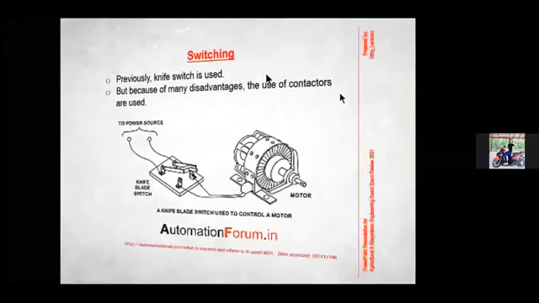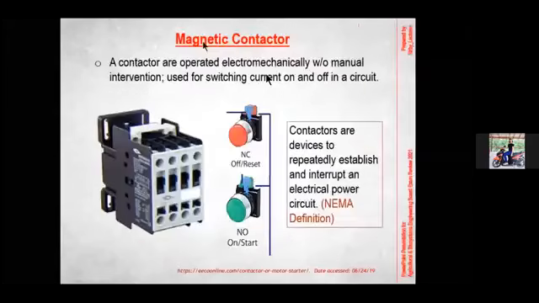So because of those disadvantages, then we now have the magnetic contactors to switch the electric motors. So a contactor is operated electromechanically without manual intervention. So let's say we only have these buttons connected, so we can have on or start, and we can have off or reset.